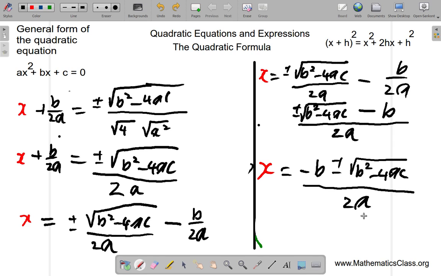And there we have it, the quadratic formula. So we've built the quadratic formula by completing the square of ax squared plus bx plus c equals 0. Good. So this is a formula that we can use to solve any quadratic equation. I will see you in the next video.